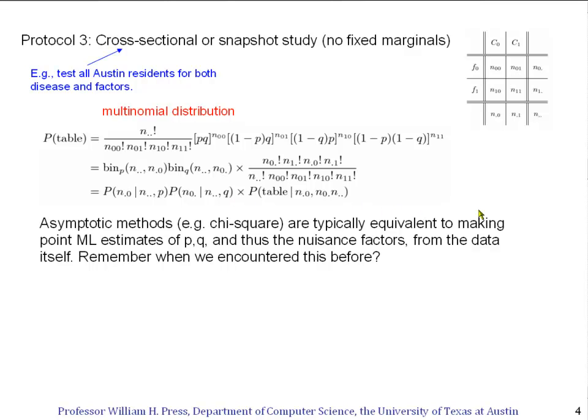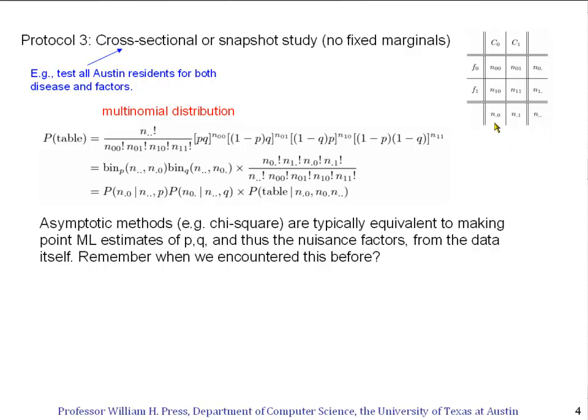And it's pretty obvious how to do that. For example, if we want to know the value of p associated with this row, we can just look at its row marginal, n0 dot, and divide that by the total number of events, n dot dot, and that's an asymptotic estimate of what the value of p is.